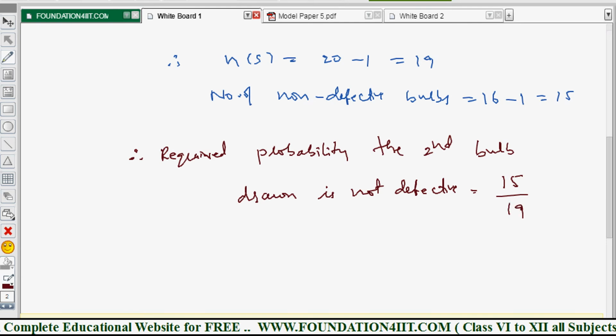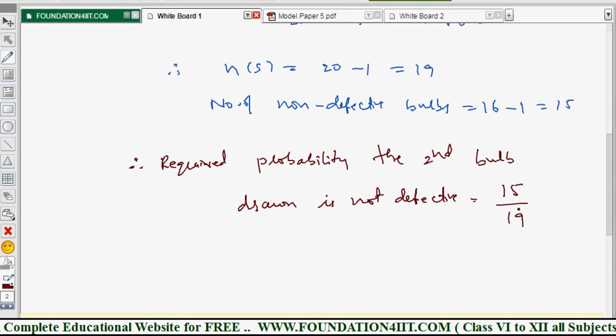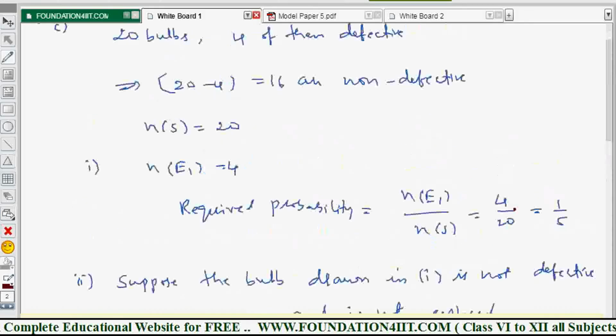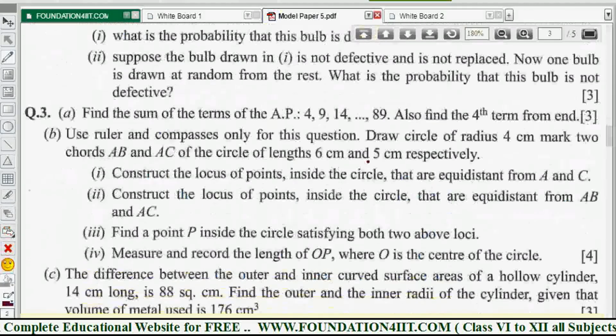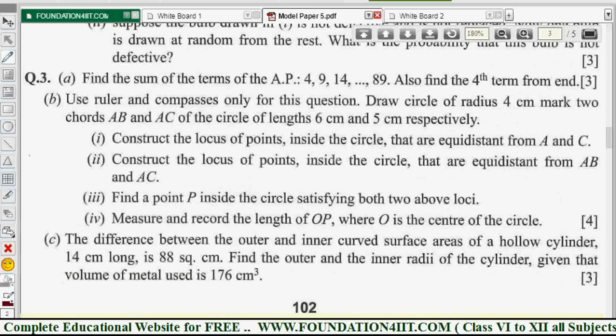So 15 by 19 is the probability. That's it. According to the condition, we need to take this step and solve. Now let us see question number 3 and solve these problems.